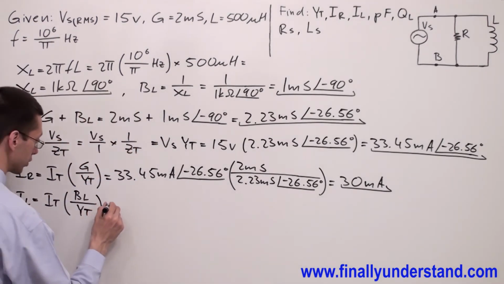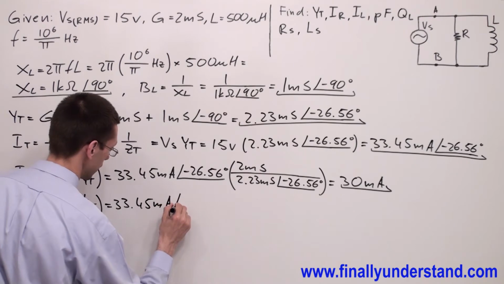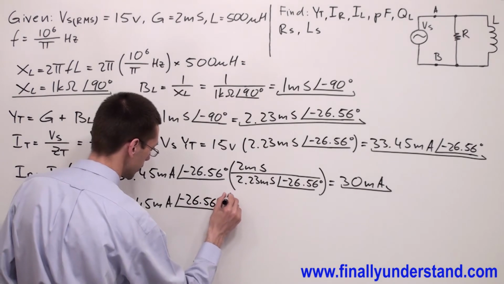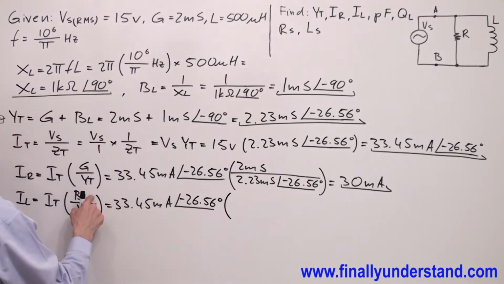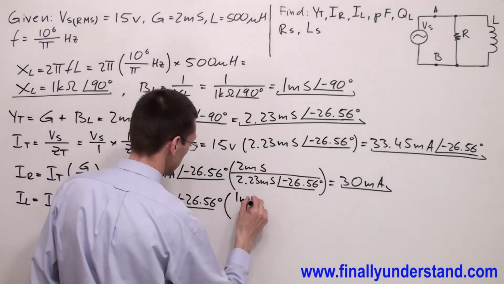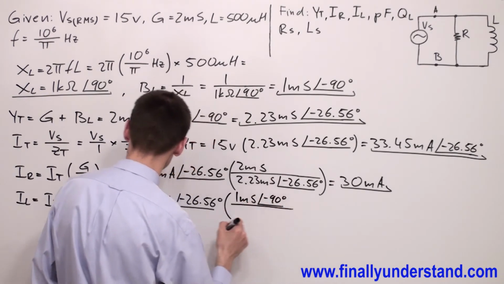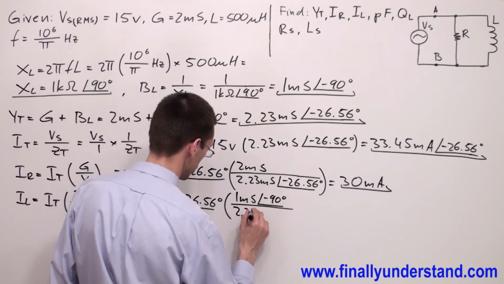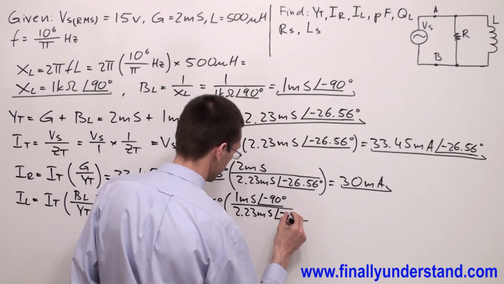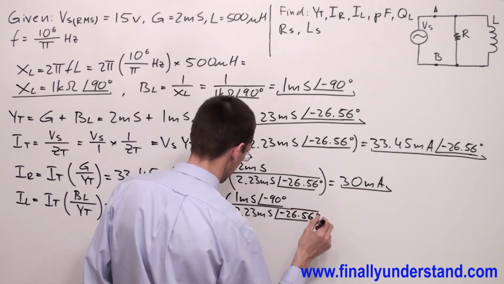So my I total is equal to 33.45 milliamps and angle of negative 26.56 degrees times B_L, and B_L we found is equal to 1 millisiemens and angle of negative 90 degrees, over Y total, which is equal to 2.23 millisiemens and angle of negative 26.56 degrees.